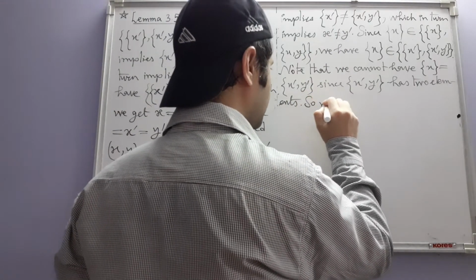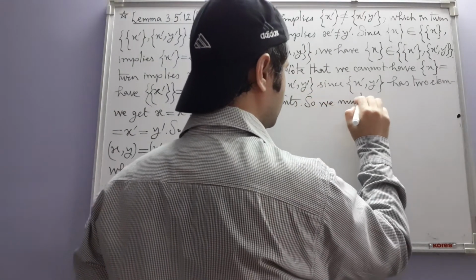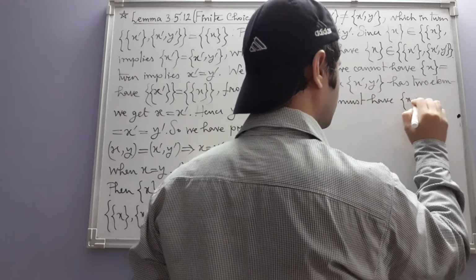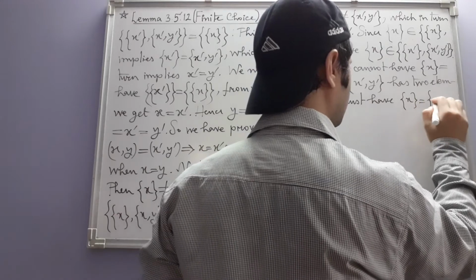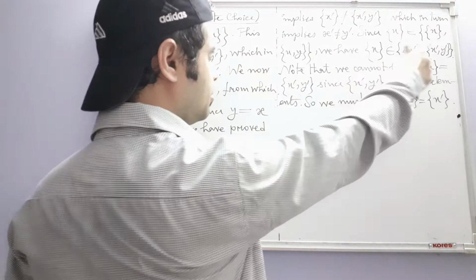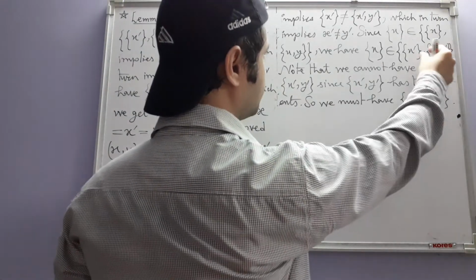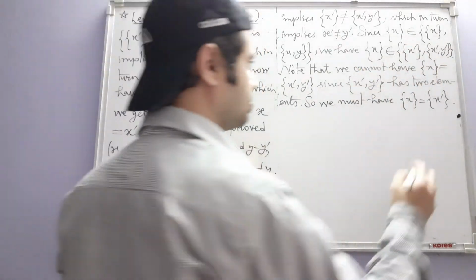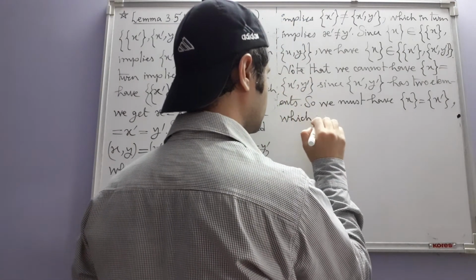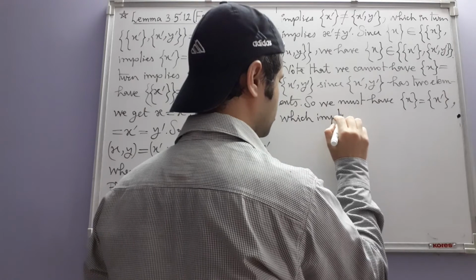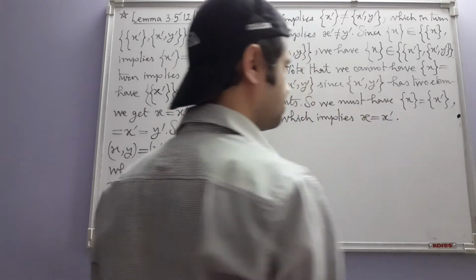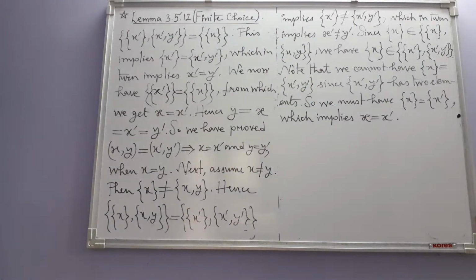So we must have, there is no other choice. This is an element in this set and it's not this element, so it has to be this element, which implies x is equal to x prime.